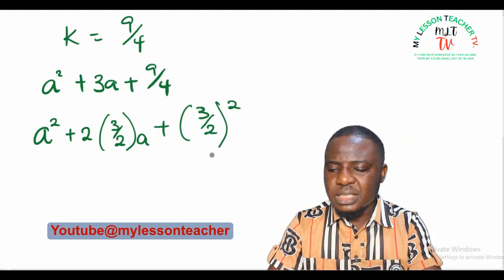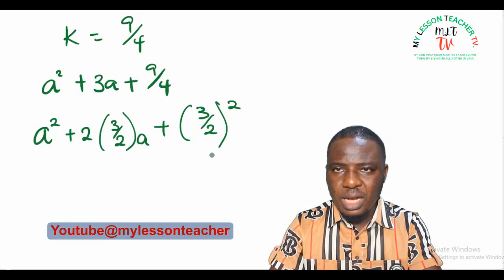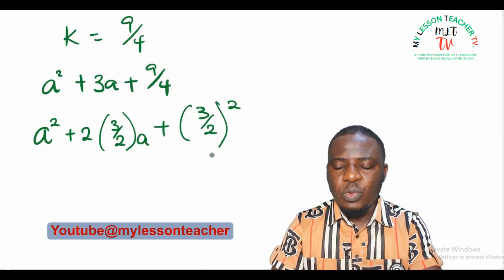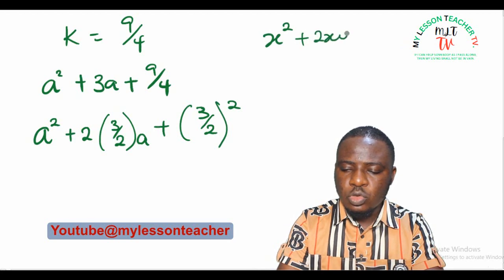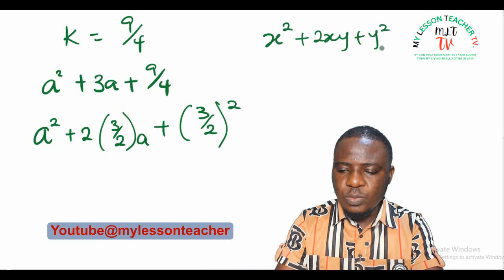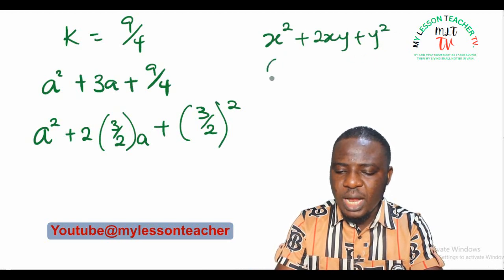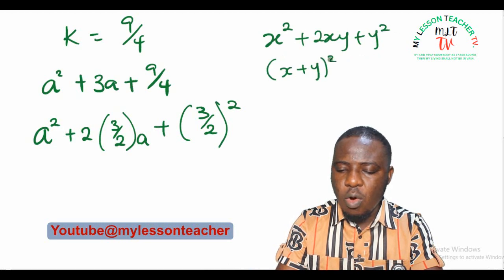Remember, at the last class, or in one of our classes, which is the first class, we said if a quadratic expression can be expressed in the form x squared plus 2xy plus y squared, it is said to be a perfect square. And this perfect square can be factorized into x plus y all squared.